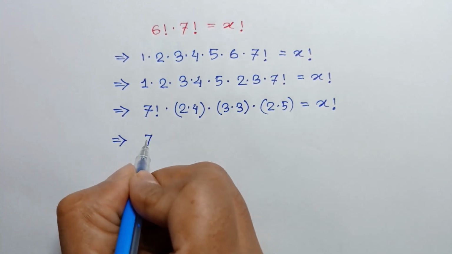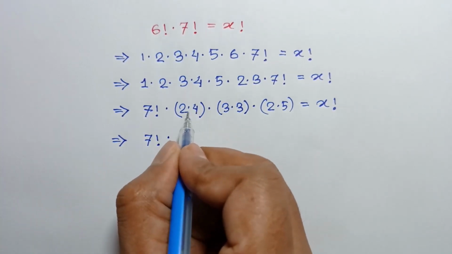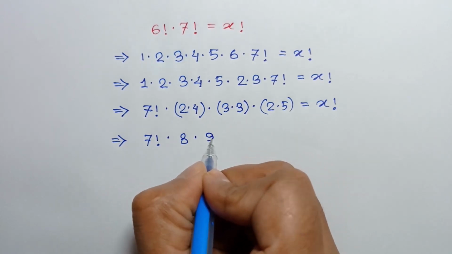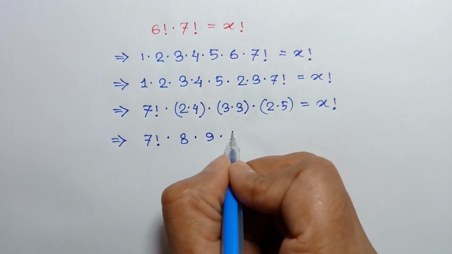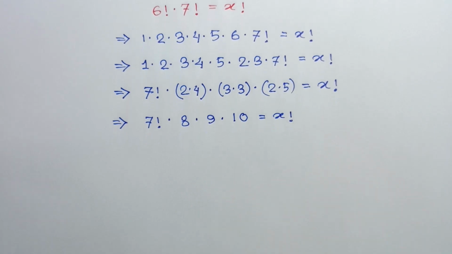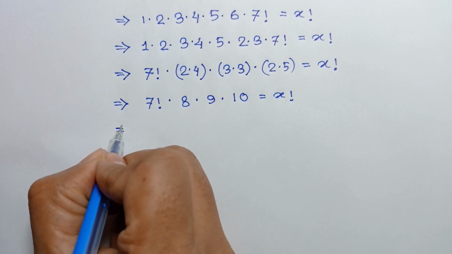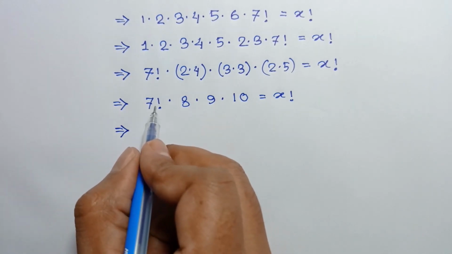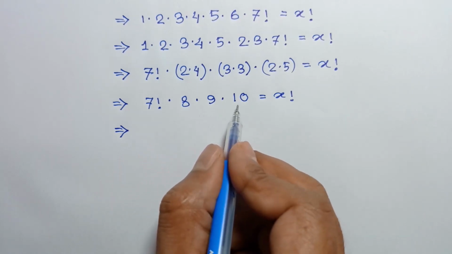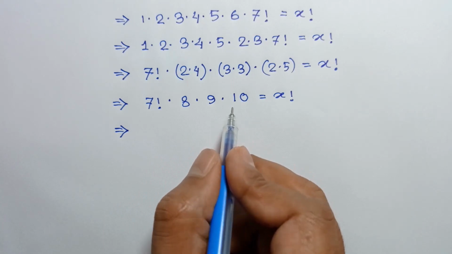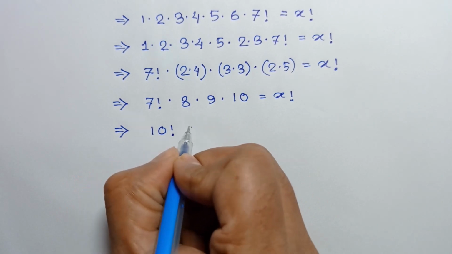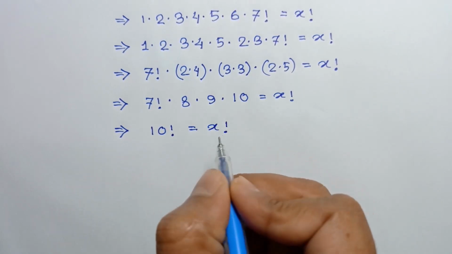or 7 factorial times 2 times 4 is 8 times 3 times 3 is 9 times 2 times 5 is 10 is equal to x factorial, or 7 factorial times 8 is 8 factorial times 9 is 9 factorial times 10 is 10 factorial, so it can be written as 10 factorial is equal to x factorial.